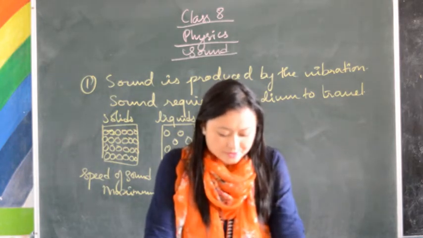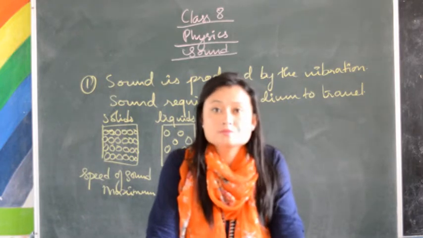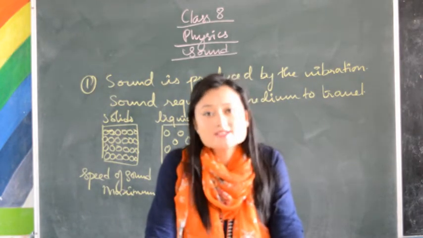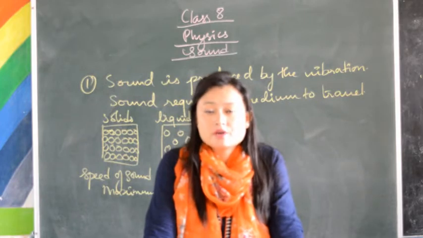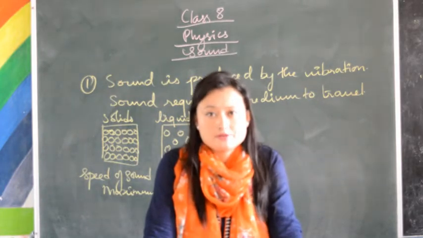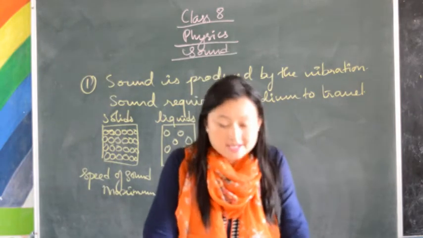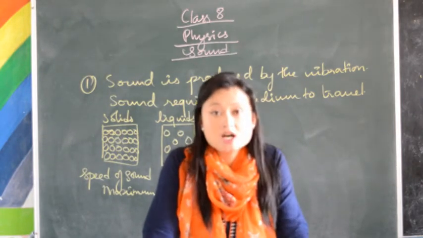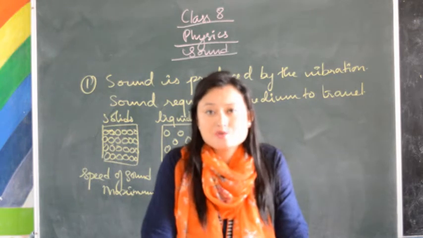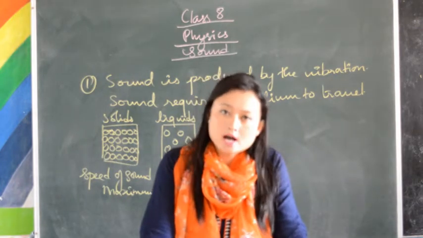It's mentioned over here that the speed of sound in iron is nearly 5,000 meters per second. That means in 1 second, the sound can travel 5,000 meters in iron because the particles are tightly packed. Whereas in water, it is 1500 meters per second, which is lesser compared to iron.